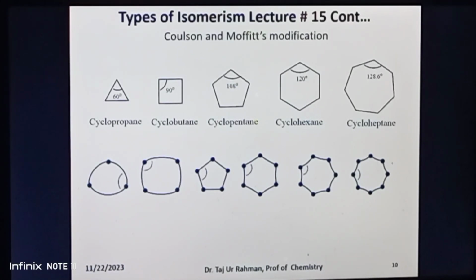The bending of the bond then decreases in cyclobutane, cyclopentane, and higher cycloalkanes as shown, causing increase in sp3 hybridized orbitals overlapping between carbon atoms and increase in bond angles, and hence increase in stability can be observed.